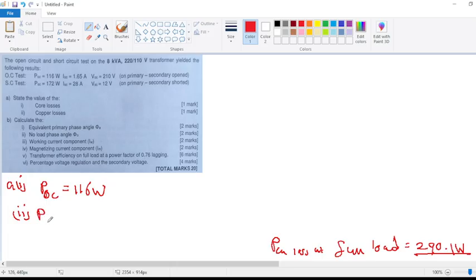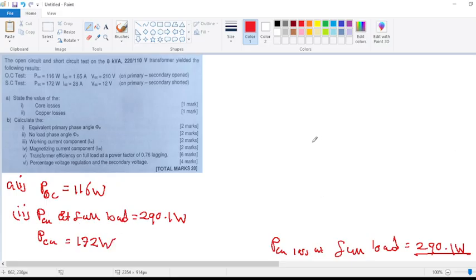The copper loss power at full load we calculated as 290.1 watts. Then the copper loss at 28 amps we've been given as 172 watts. Okay, so these are our answers.